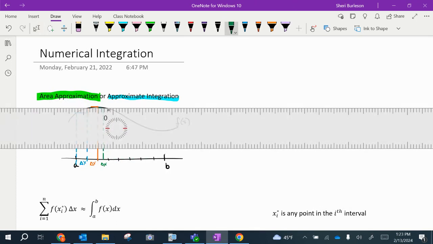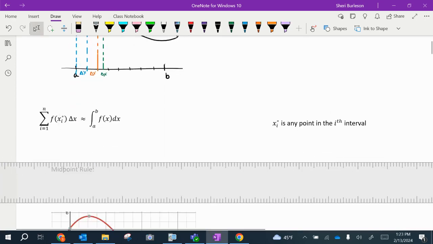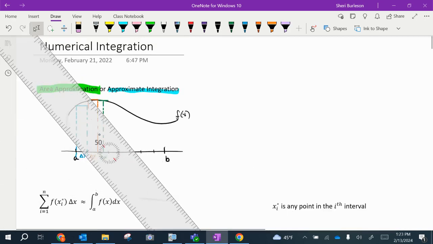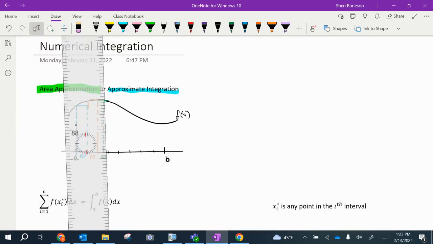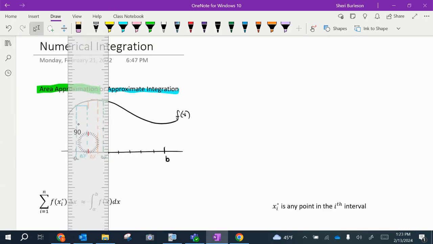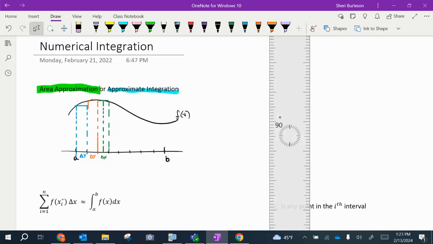That's going to be the height of my rectangle. And now I see on the left hand side, I'm slightly below, but then it goes slightly above on the right hand side. It won't always do that, but it does nicely for this one. And it feels like a closer approximation perhaps than a left hand or a right hand Riemann sum.